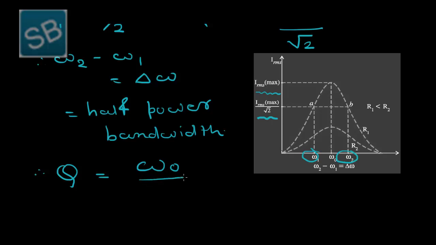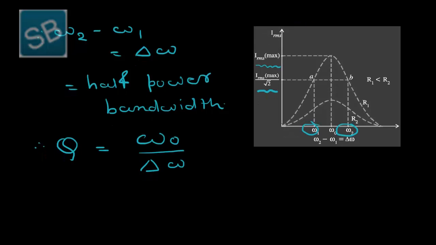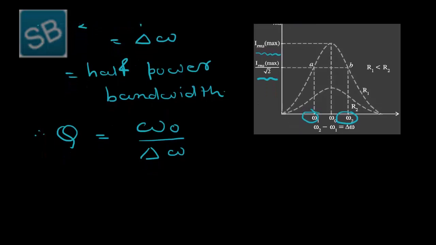So Q factor is given by the middle of the frequency or the original angular frequency divided by the bandwidth, and that is equal to F0 divided by delta F, because 2 pi will be cancelled from the numerator and denominator.